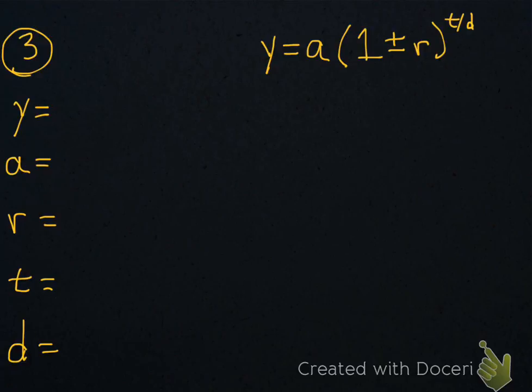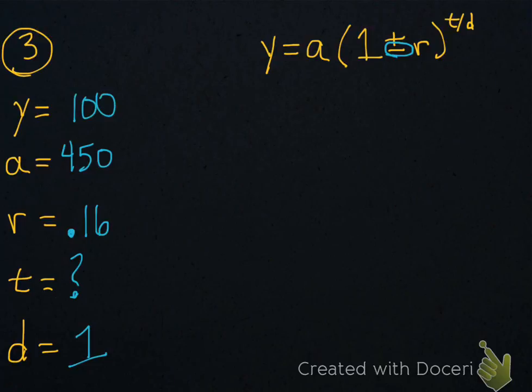Our population of 450 animals decreases, so I know I'm using the negative sign, and my population started at 450. It's decreasing at a rate of 16% per year, so 0.16, and per year tells me d is 1. How long before there's only 100 animals?